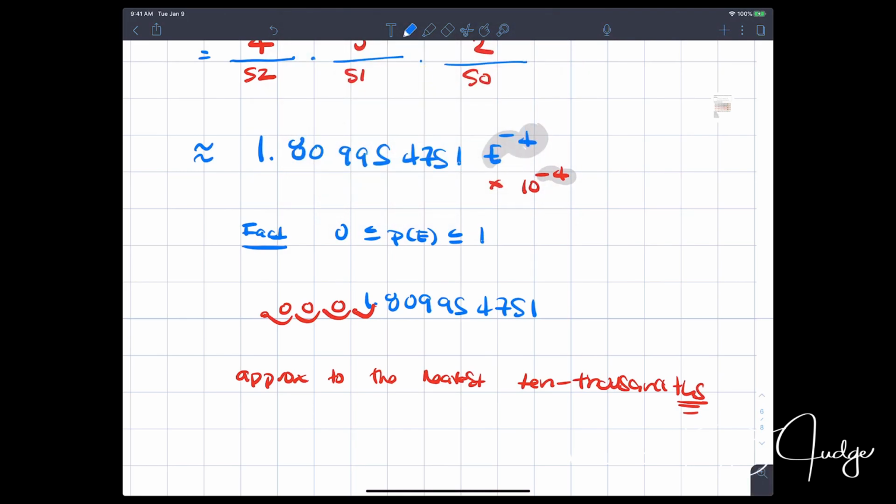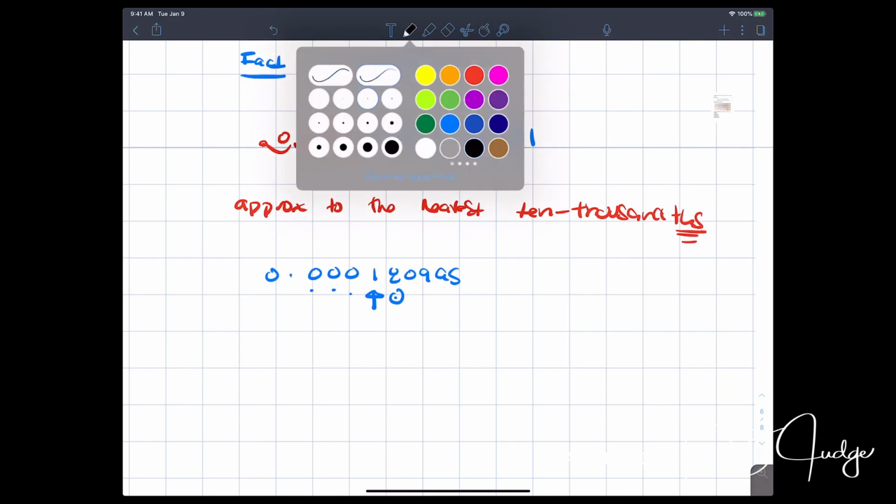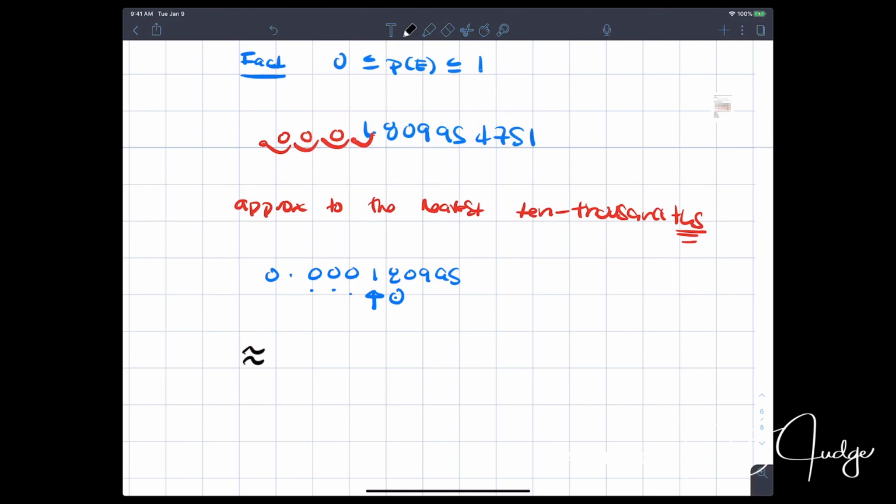Here we go. 1, 2, 3, 1, 8, 0, 9, 9, 5. It doesn't matter because I go tenths, hundredths, thousandths. Take a look here. There's a 1. I look at the digit to the right. That's an 8. So let's approximate this to the nearest 100 thousandths position.